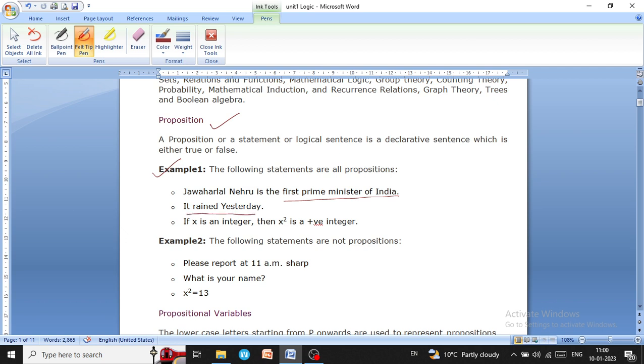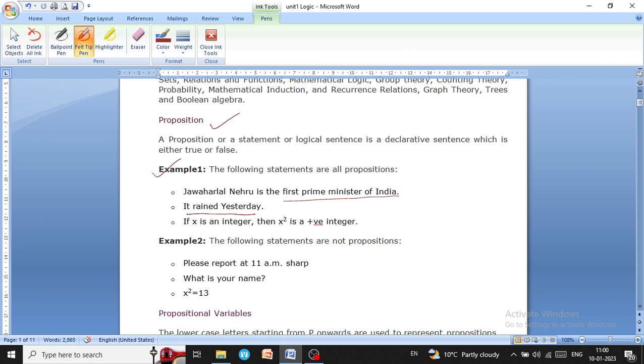That means yesterday it happened that it rained. So it will be true or false according to whether yesterday was raining or not.